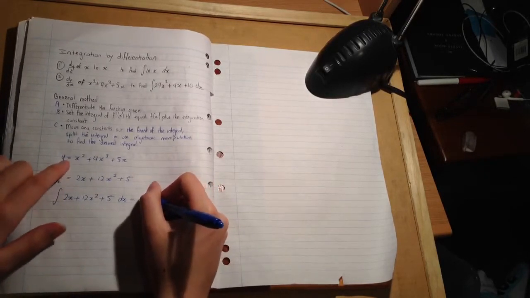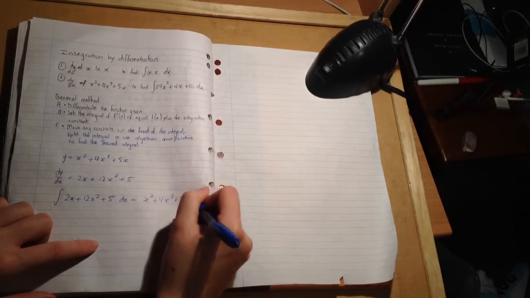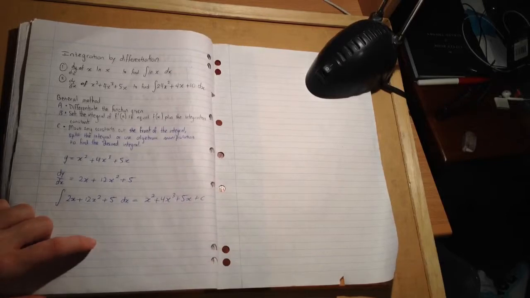And so we set it equal to x squared plus 4x to the 3 plus 5x, and of course plus c. We must remember that integration constant. Again, derivatives and integrals are opposites, so the antiderivative is generally the integral. The derivative, as you know, is just the slope of the tangent, or representative of that in a function form.